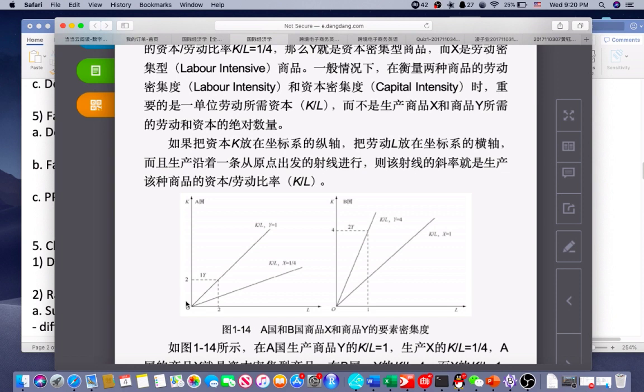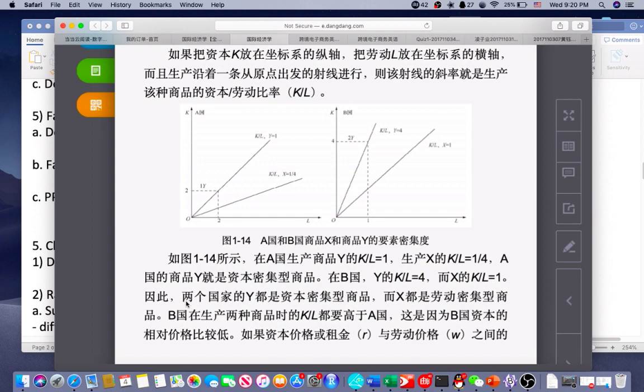This way, we can see the factor intensity, which country is labor intensive.